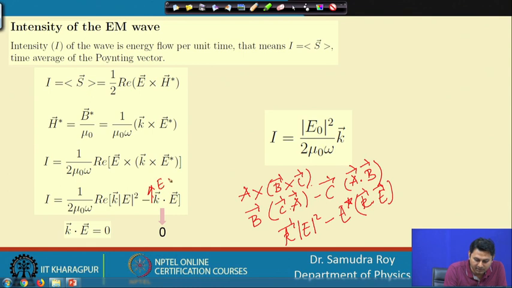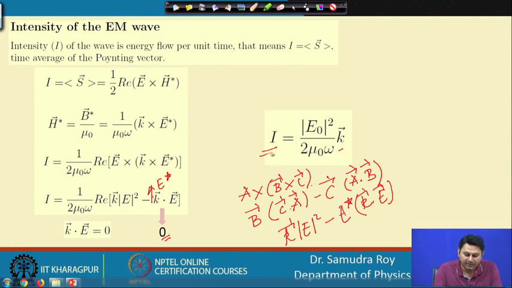But k dot E is 0. We found in the previous calculation that k dot E is 0. If k dot E is 0, then we should not bother about the next term. So, my expression simply comes out to be I equal to epsilon E 0 mod of E 0 square, that is amplitude square, over 2 mu 0 omega, times k.